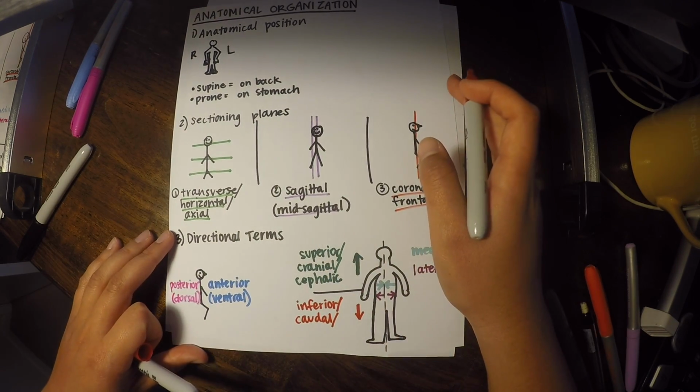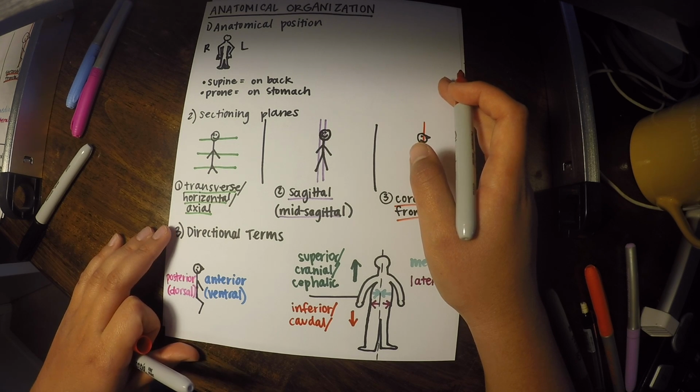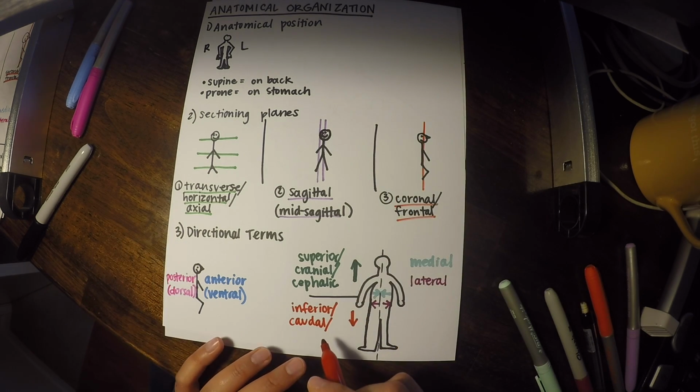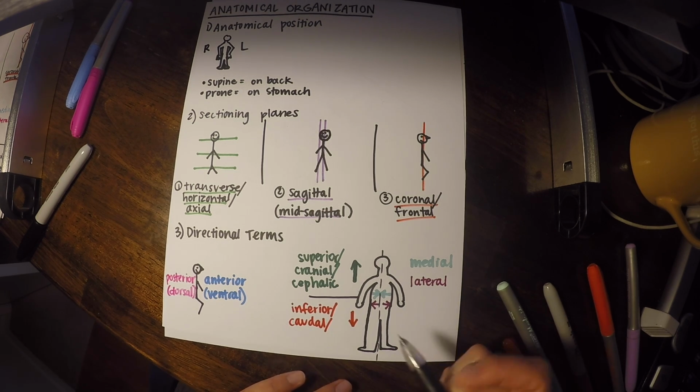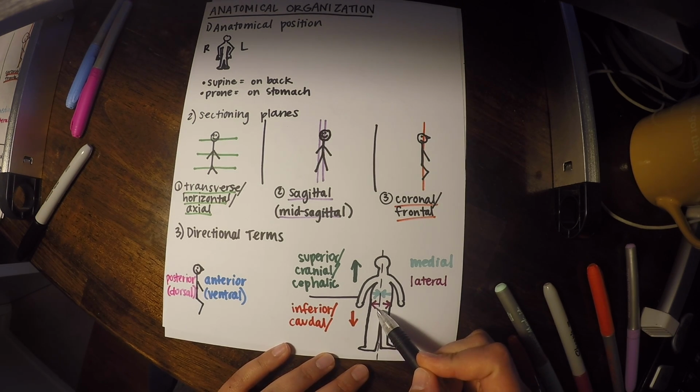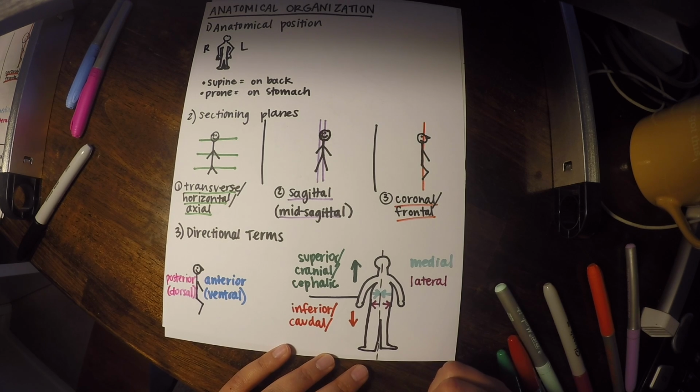Cranial is usually used as the opposite of caudal. Now, this is important because this is, again, how we're going to reference different body parts. For example, your hip is up here and your knee is down here. So your hip is superior to your knee, and your knee is inferior to your hip.